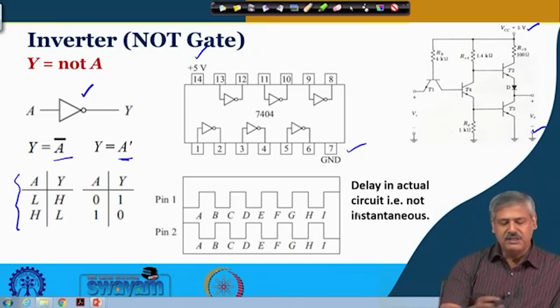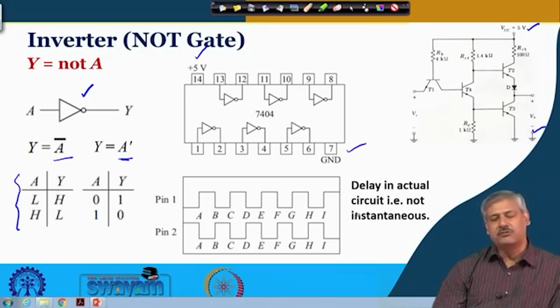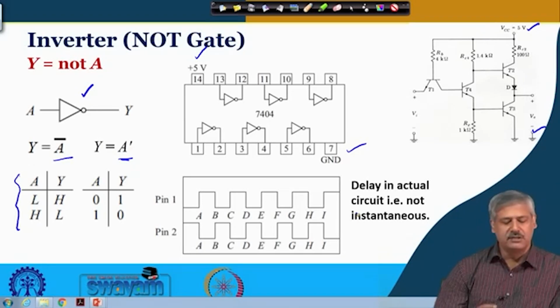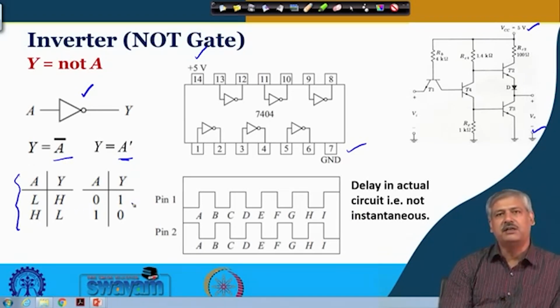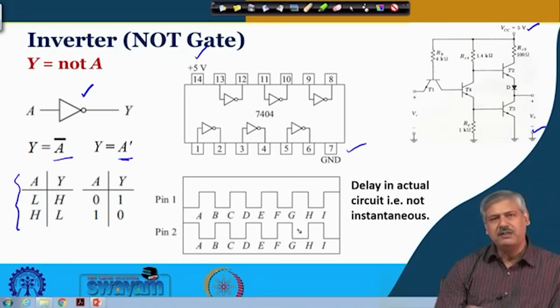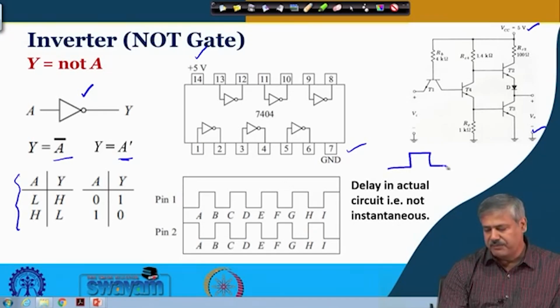Now, in all these representations that we have discussed so far, it appears that the output is instantaneous. If you look at the Boolean expression or the truth table, you give an input and immediately you get the output. That is the kind of understanding one may have from this kind of representation. But if you have a timing diagram and you expand the time scale, then you can have the propagation delay included in the timing diagram.